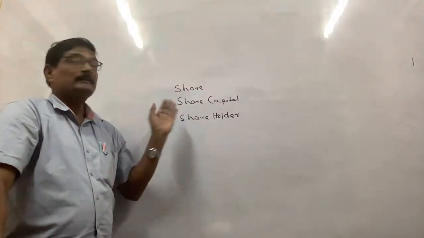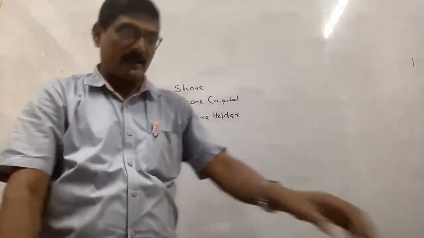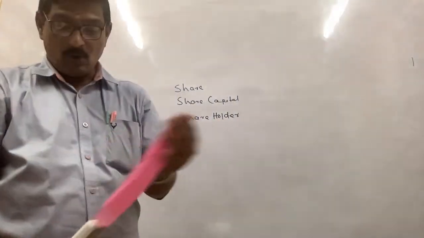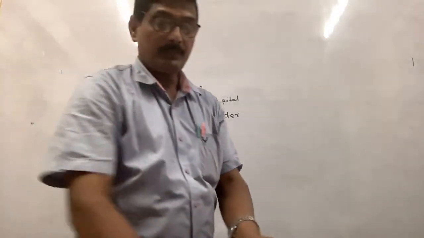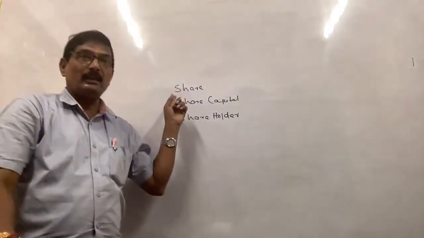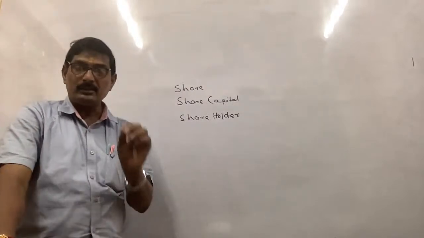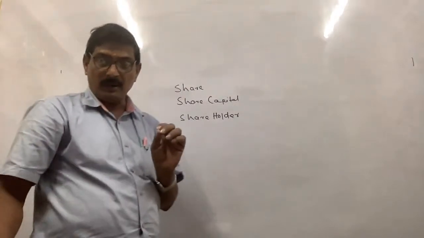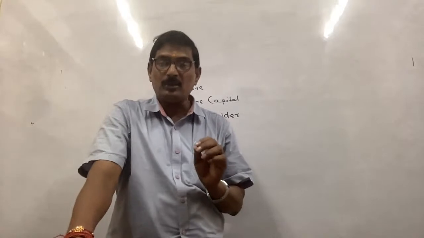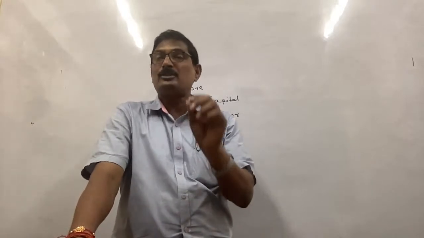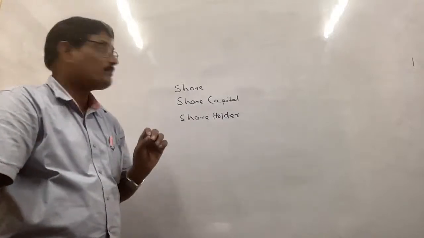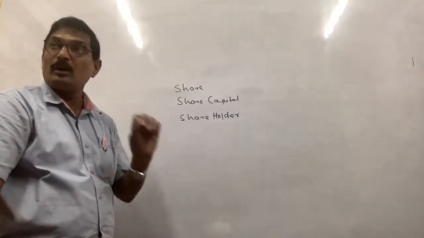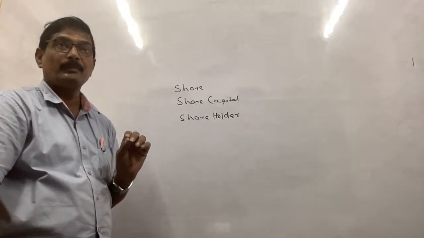Share means the total amount divided into small units of equal denomination. Remember, I am talking about equal denomination. The value of each share will be the same. The total amount divided into small, equal denominations is known as share.